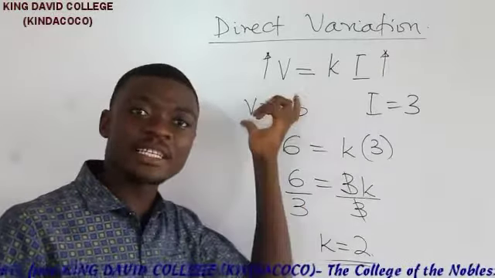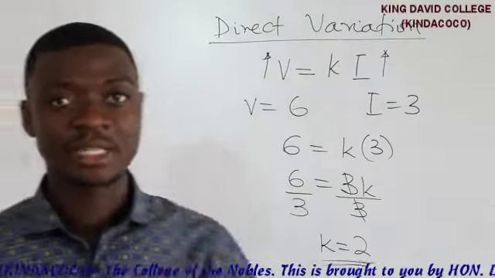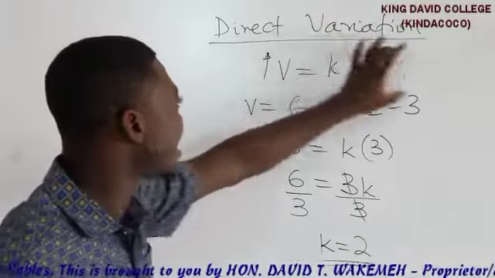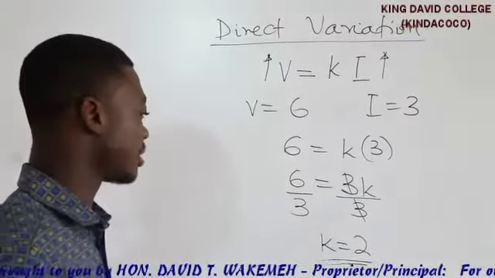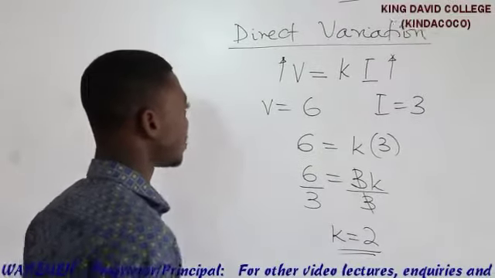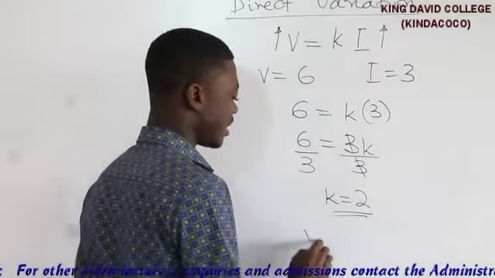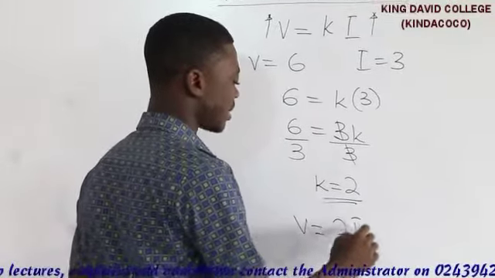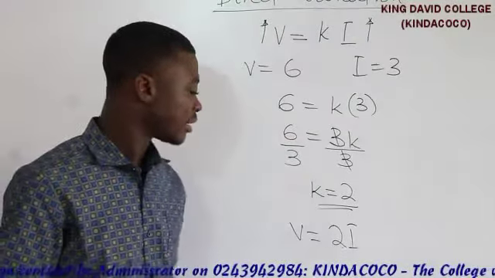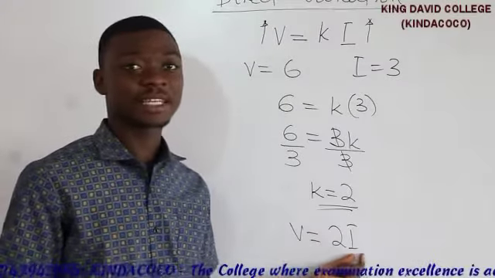They said that when V is 6, I is 3. That is supposed to help you to get the constant of proportionality. So if you want to finally rewrite the variation equation using the constant of proportionality, then our final variation equation is going to be V is equal to 2 times I, where the 2 now represents the K. So any value I give for V, I can make I the subject and find.